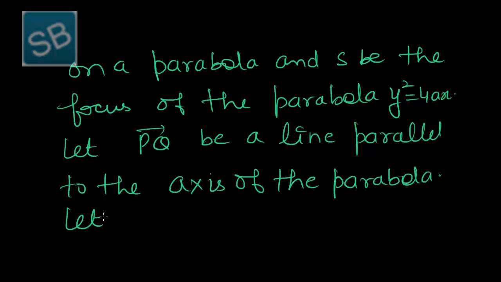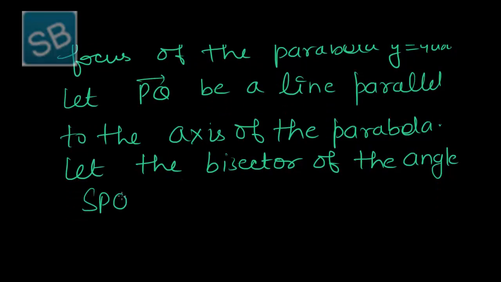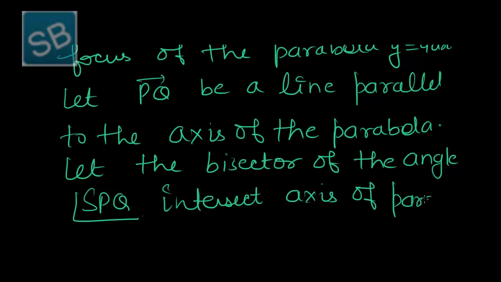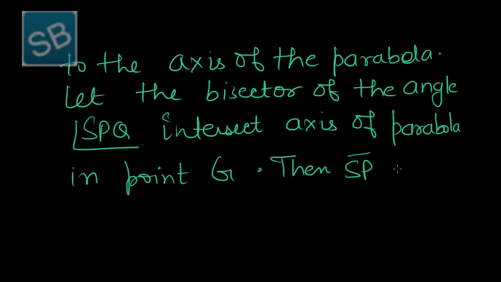Let the bisector of the angle SPQ intersect the axis of the parabola in point G, then SP is equivalent to or congruent to SG, that is same length and same direction, equal.